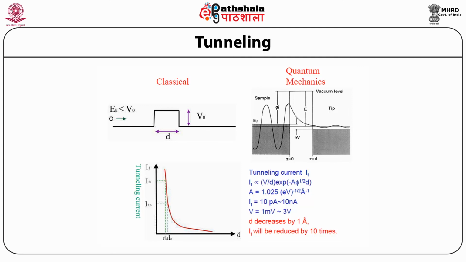Now if D decreases by 1 angstrom, then IT will increase by 10 times, as shown in the graph on the left hand side.